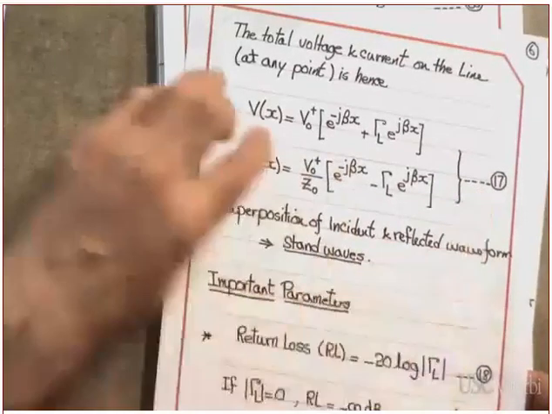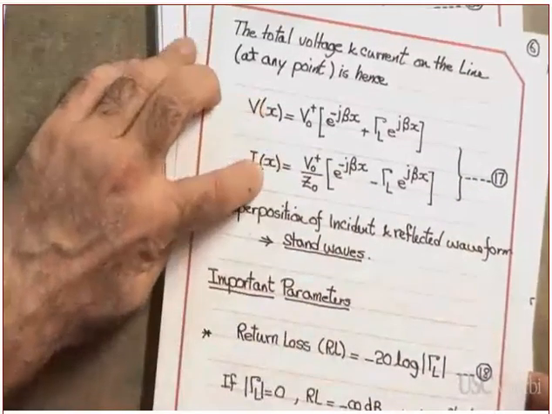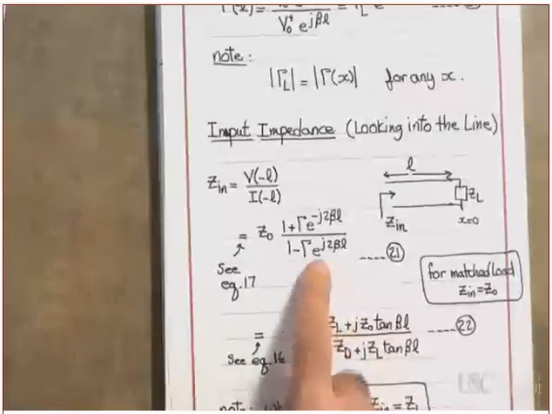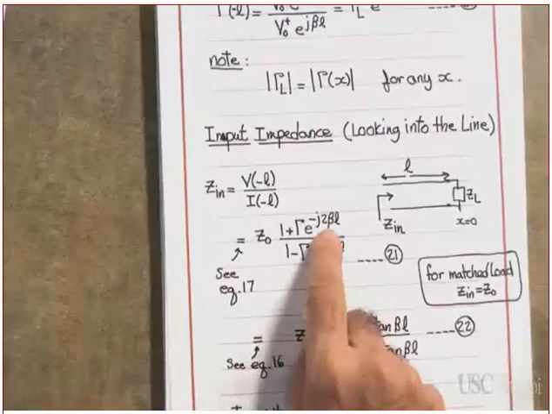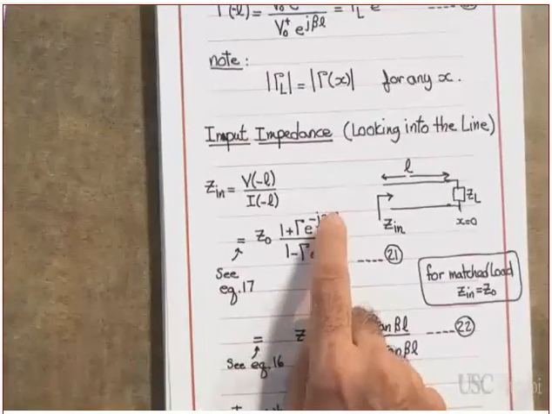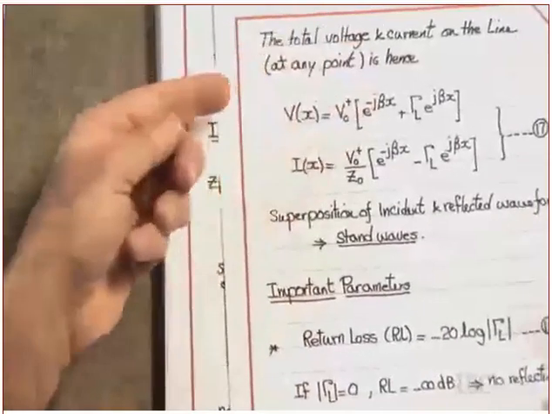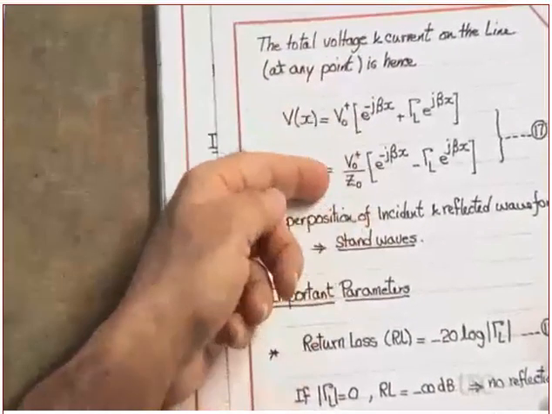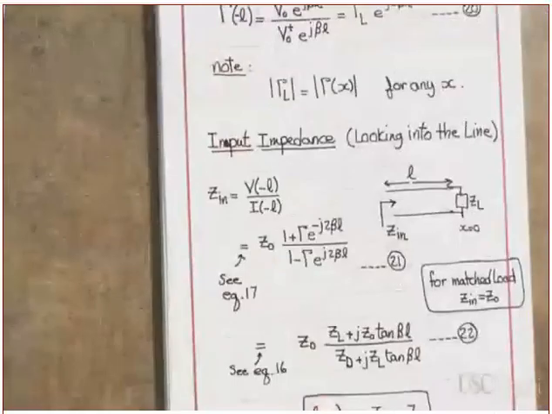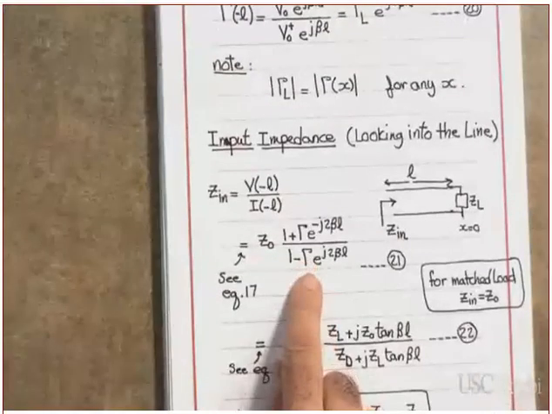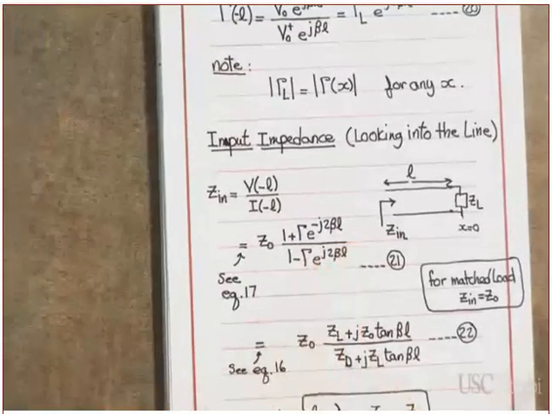You follow me or not? By putting x equal to minus L, and dividing this by this, you get this. Did you get where the minus 2 beta L came from? If you factor this one out, it will cancel together. Clear? Okay. This equation, you use it if the question gives you the load.